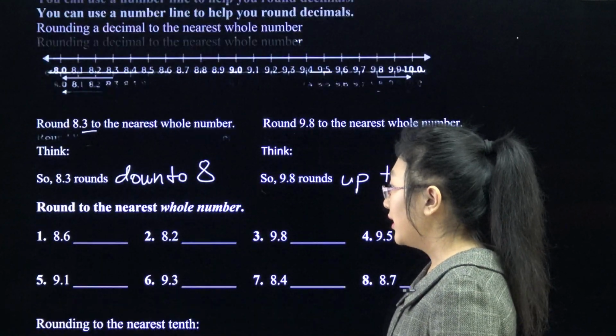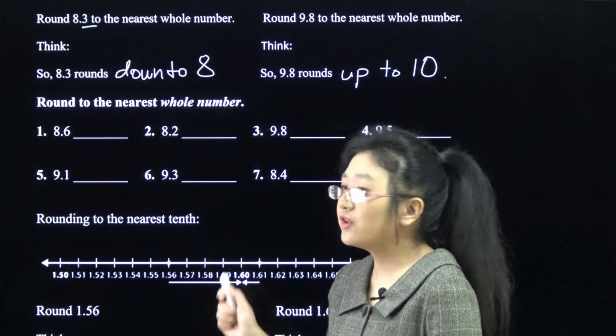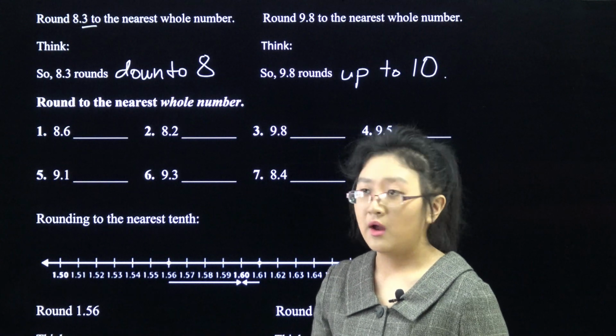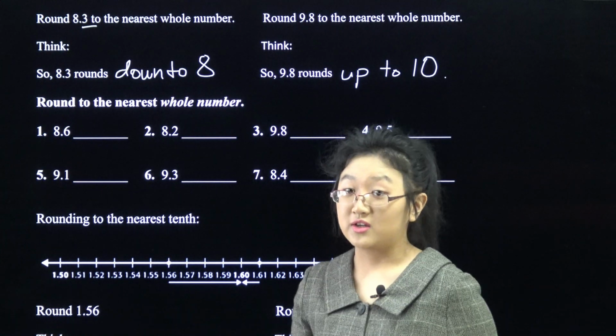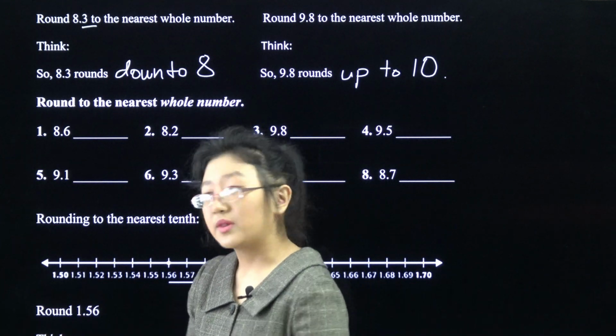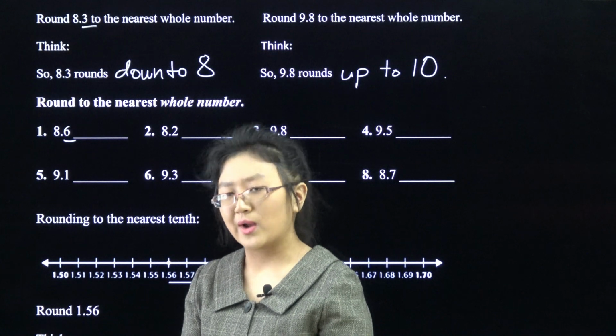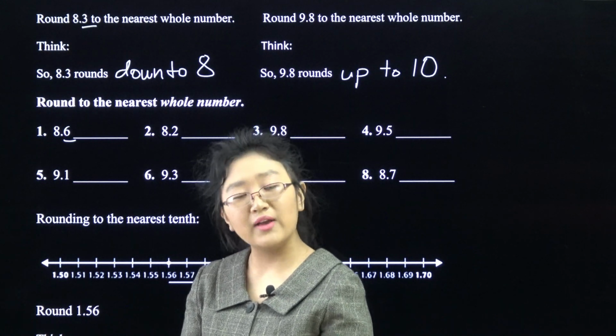Yay! Now let's do some practice problems. Round to the nearest whole number. You can use a number line if you want, again, but you really don't need to. 8.6. What's in the 10th place? Well, 6. Is 6 greater than or equal to 5?